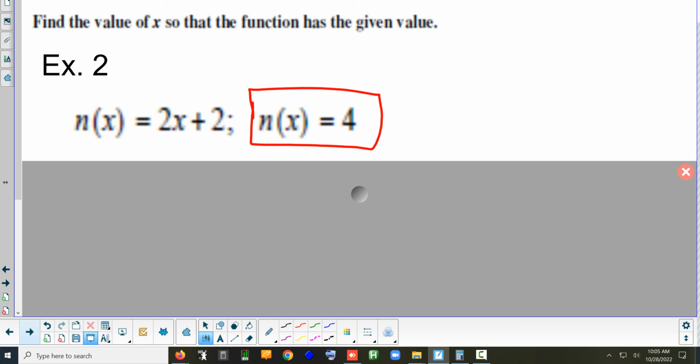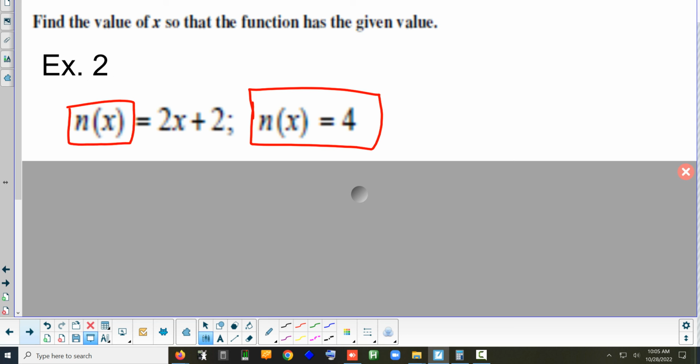Yep, n of x equals 4. It does not say x is 4. If it said x equals 4, then I would just change that to 4. But it says n of x equals 4. Where is n of x in that equation? Which side is it on? It's on the left.